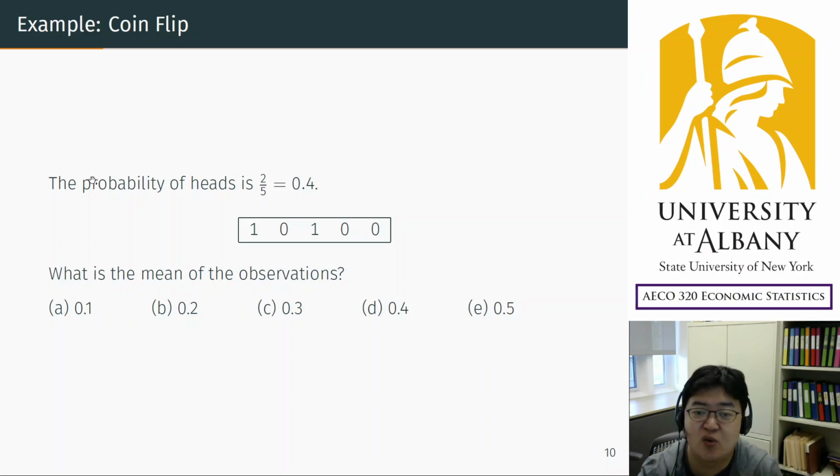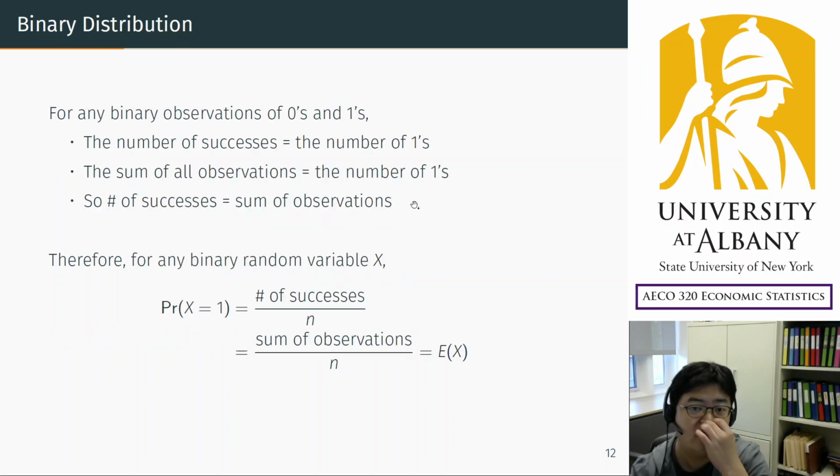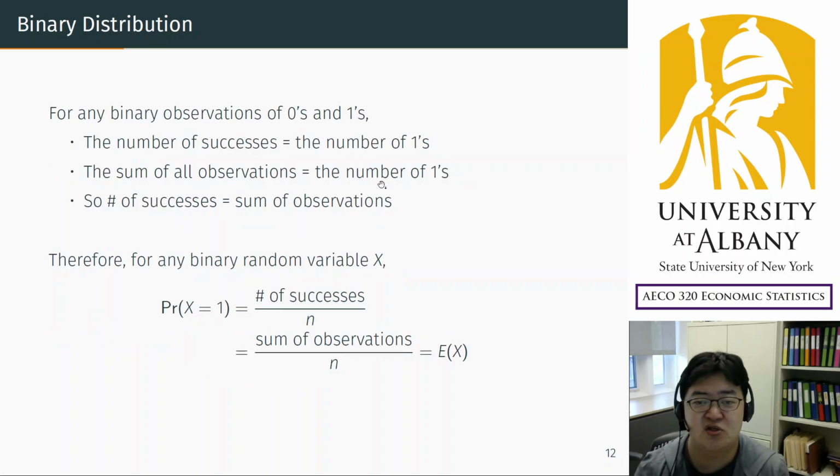But actually, it's not a coincidence. This is one of the key properties of the binary distribution. So the idea is, in a binary distribution, the observations are always either 0 or 1. Then the number of successes is the number of ones, because 1 is success.